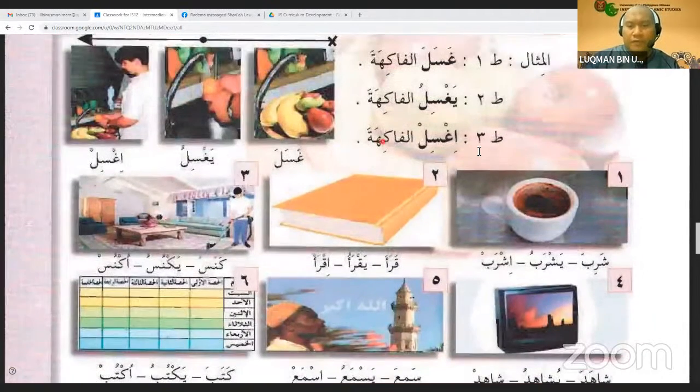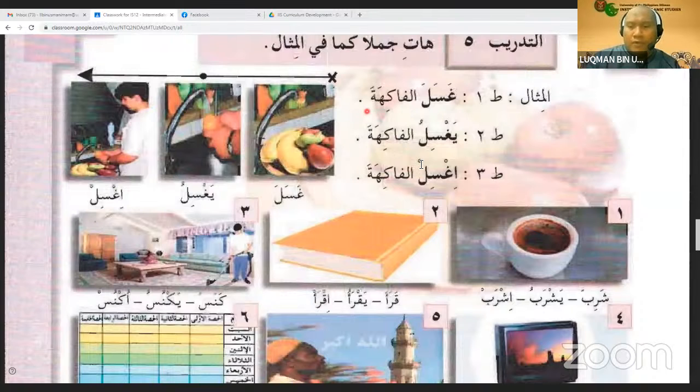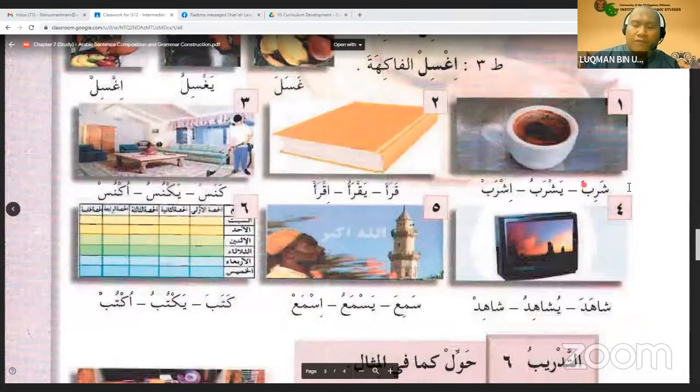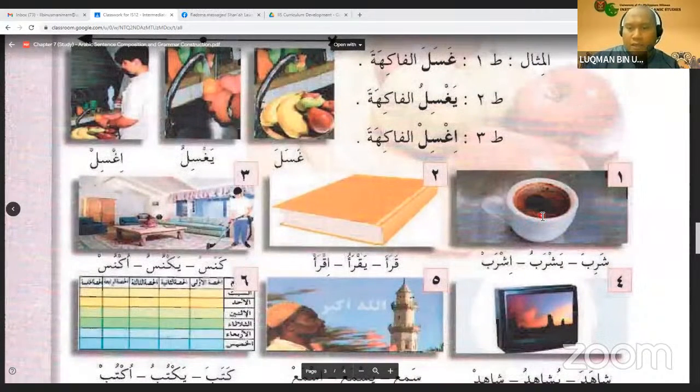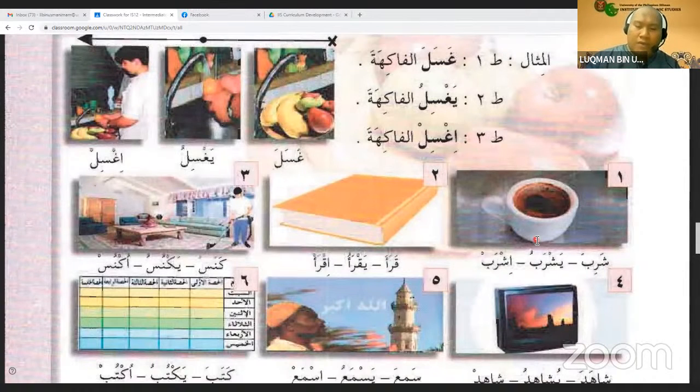Okay. So that's the example. Then you just change it with the following words. Shariba al-qahwata. He drank the coffee. Yashrabul qahwata. He is drinking or he drinks the coffee. Ishrabil qahwata. Drink the coffee. Qara'a al-kitaba. Yaqra'ul kitaba. Iqra'il kitaba. And so on and so forth.